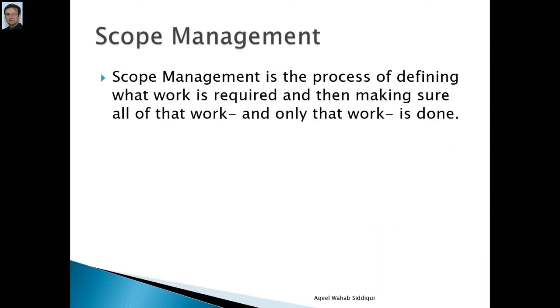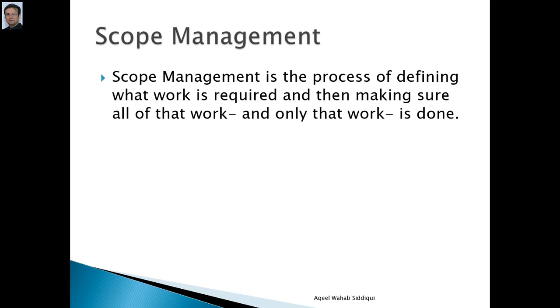So what is scope management? Scope management is the process of defining what work is required, and you will have to make sure that you are doing only that work. The term scope management is related to gathering requirements from the stakeholders, and the term requirement is defined as a condition or capability that is required to be present in a product, service, or result to satisfy an agreement or other formally imposed specification.